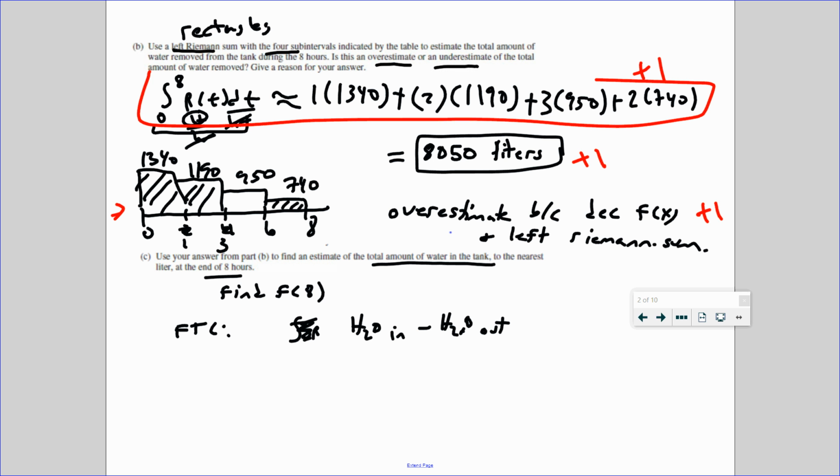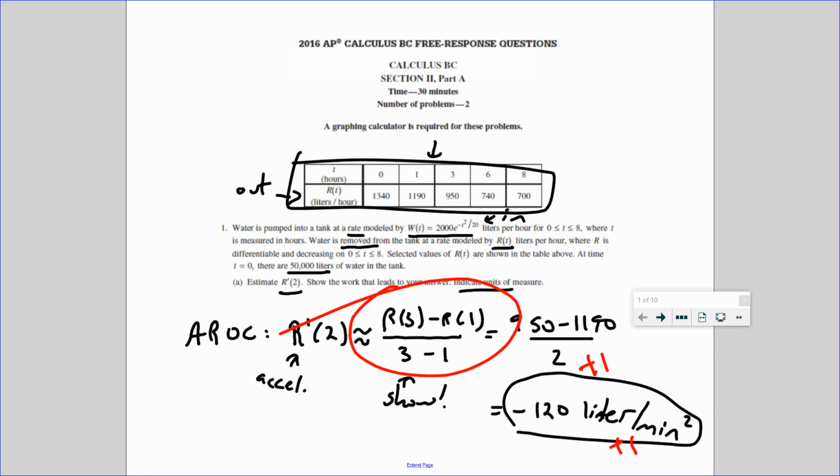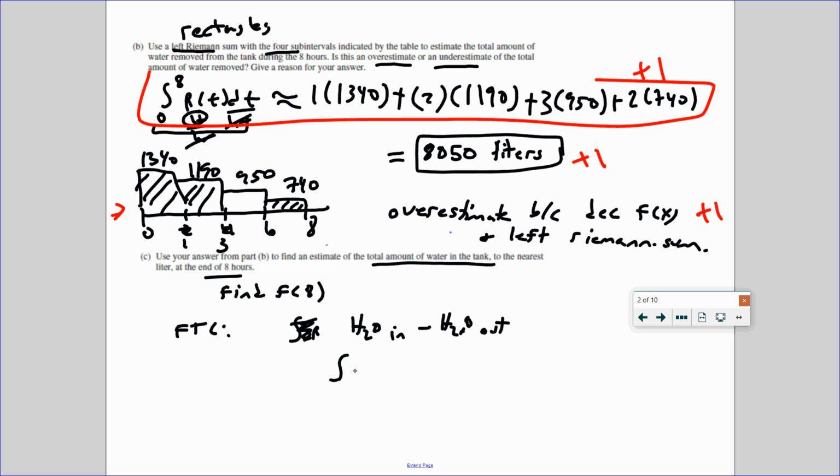To get the amount of water that goes in the tank, remember, if we go back to the other page, the amount of water going in the tank is modeled by W of T. So this is going to be the integral of W of T dt from 0 to 8, minus the amount of water that goes out.